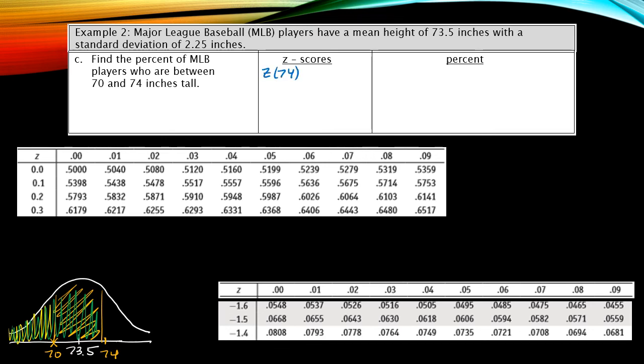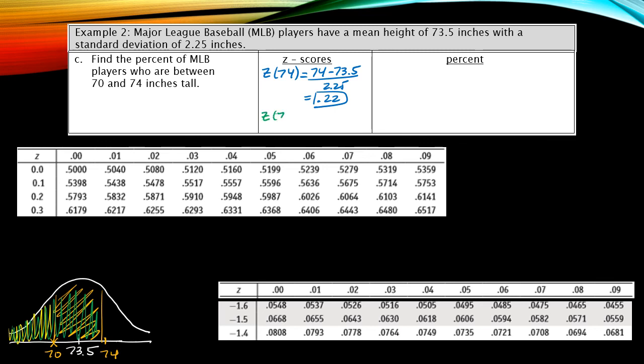So the first thing I want to do is find the z-score for 74. So z-score for 74 would be 74 minus the mean divided by the standard deviation. When you type that into your calculator, it gives you 0.2 repeating. So since I want 2 decimals, I'm going to say it's 0.22. Next, we need to find another z-score.